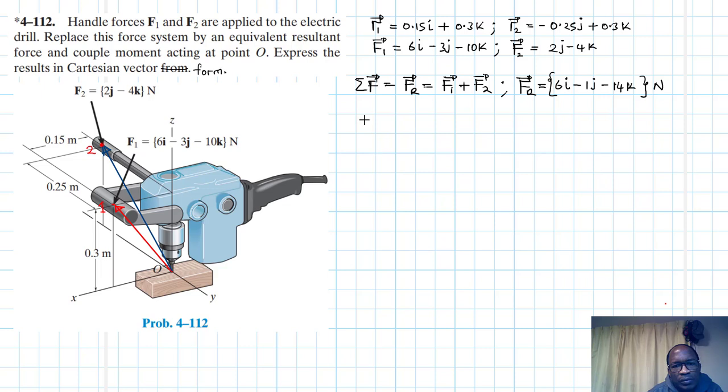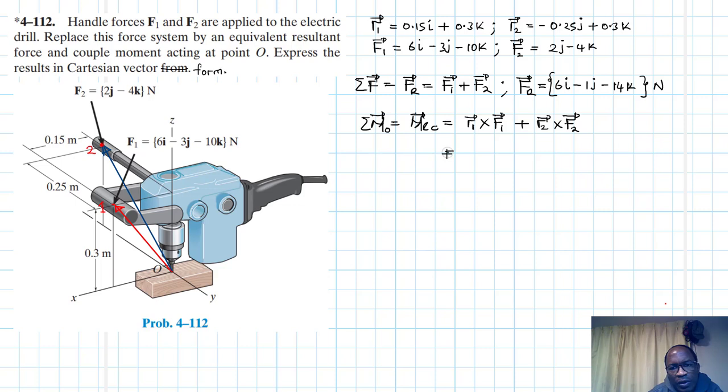And then the moments. The resultant summation of moments about point O is just going to be equal to the resultant couple moment, which is equal to R1 cross F1 plus R2 cross F2, right?